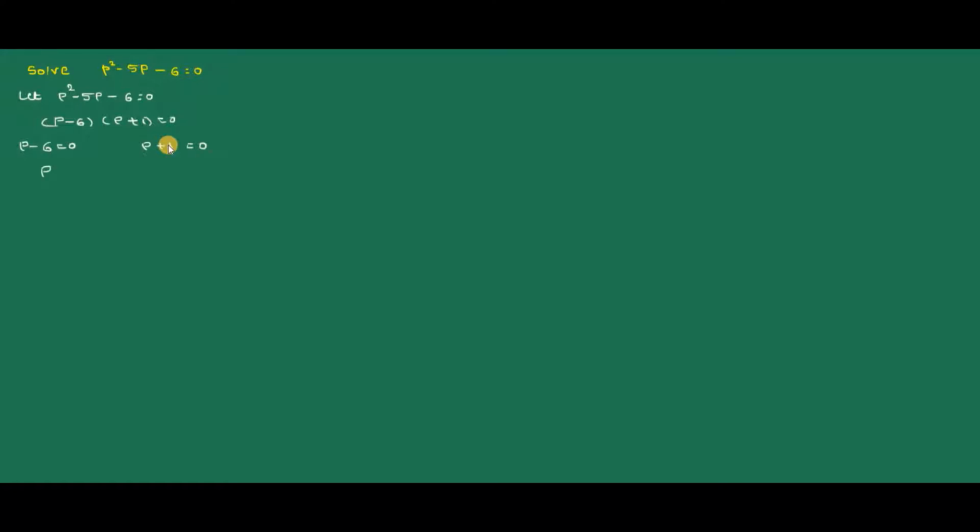So p is equal to 6 and here p is equal to minus 1. But what is the value of p? P is equal to dy divided by dx, and this is equal to 6. Similarly here dy divided by dx is equal to minus 1.